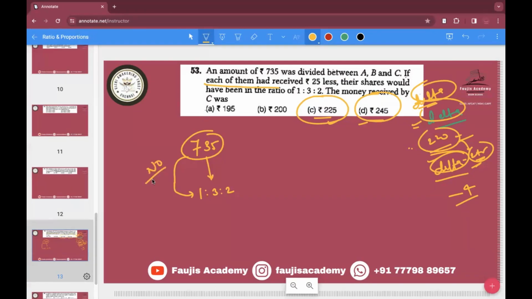It's not this number. Then what number is that? The number is this 25 into 3, because each of them got 25 rupees less. So this number 735 minus 75. 735 minus 75 is how much? 675, right? Is this number correct?